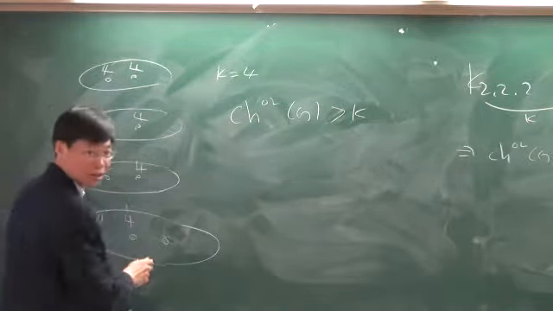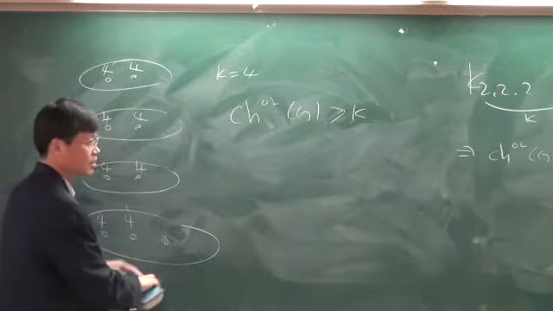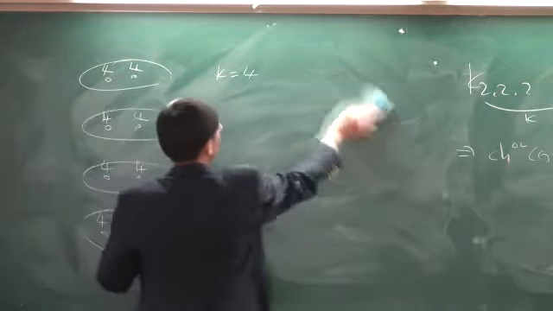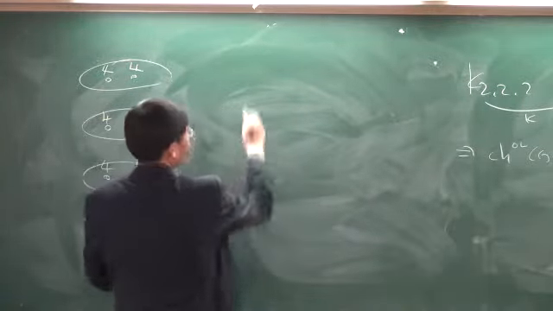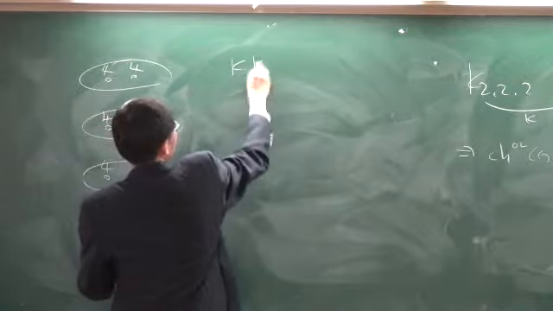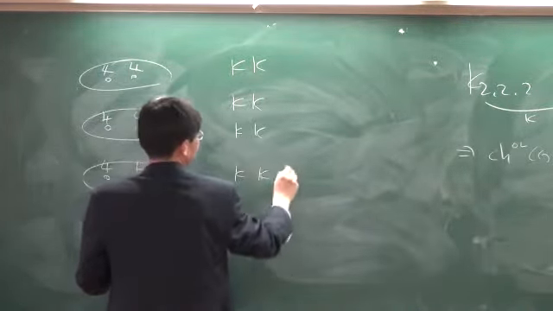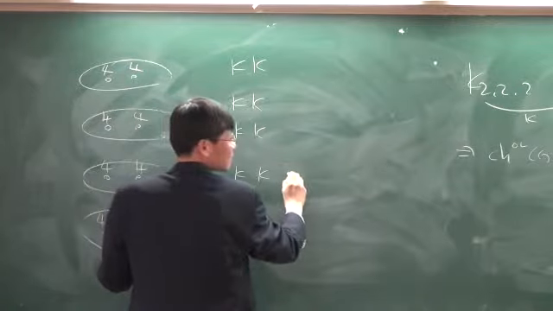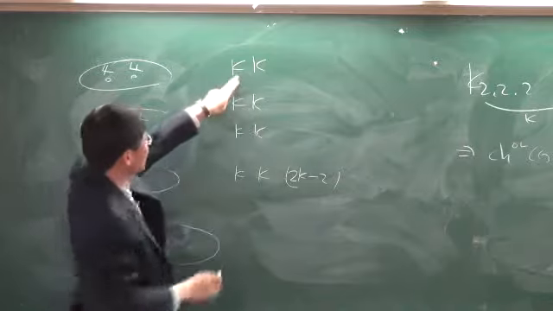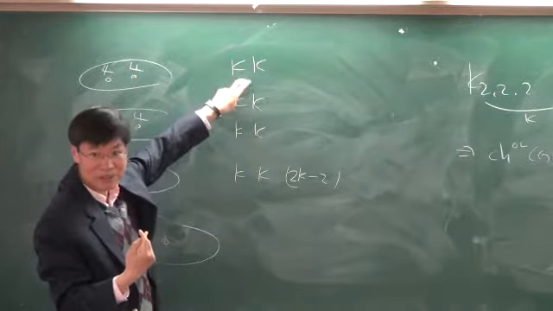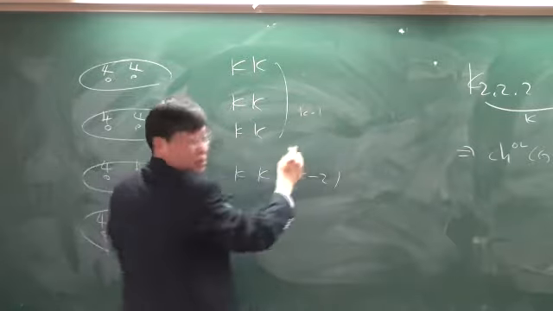But I don't understand the notation in the last. Oh yeah. That is, it means this implies the number of chances for each vertex. So this one is, what is that? K minus 1 set.